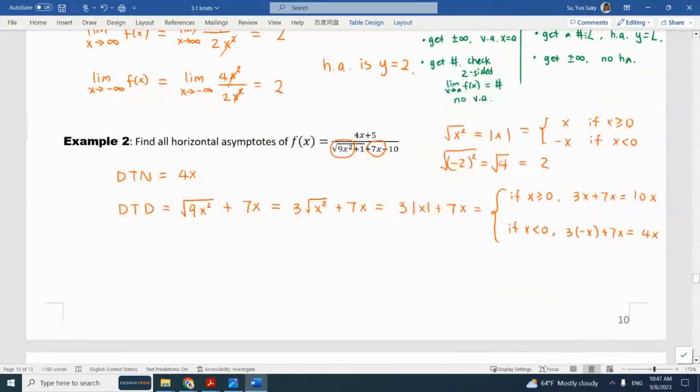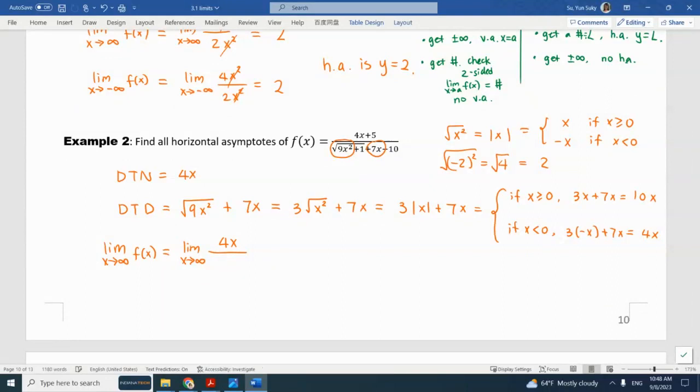Yes. Let's do that. When x goes to infinity, what's the dominant term of your numerator? Numerator, 4x.